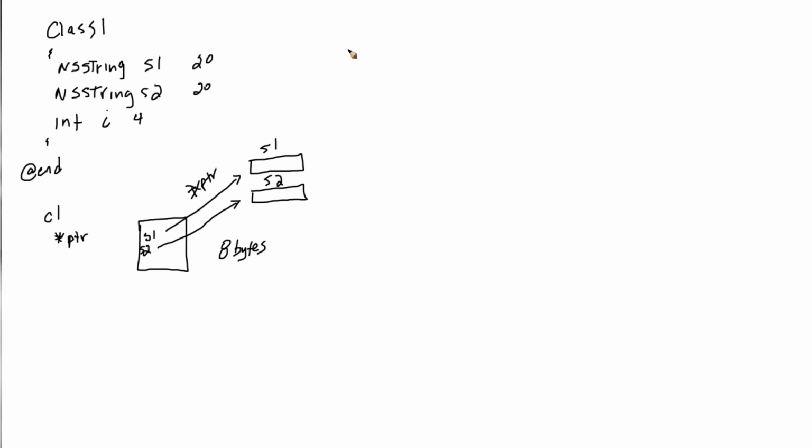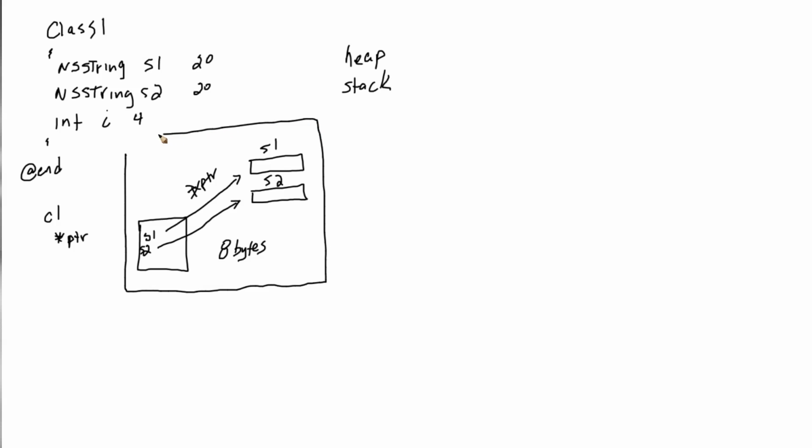Now that brings up a whole other question. There's a concept of heap and there's a concept of stack, and you'll hear these with respect to memory and what they actually are doing and what they mean. So I'll try to explain that real quick. Let's think of the heap as the address space where all of your variables, your classes, and all of that kind of stuff are stored.